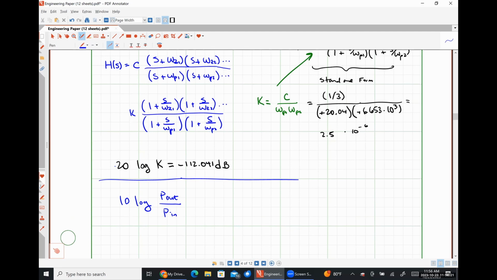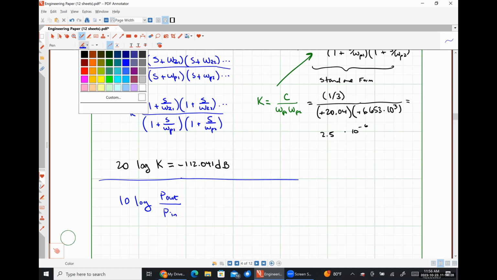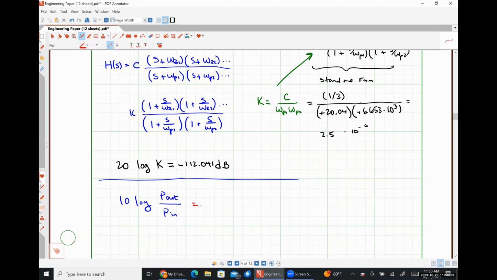It's okay. All right, so the output power is going to be proportional to the output voltage, right? So this would be 10 log V out squared divided by Vn squared, which is the same thing as 20 log V out over Vn.